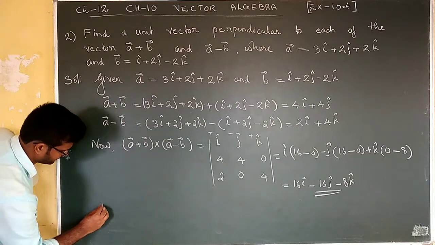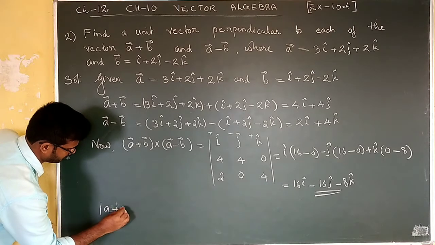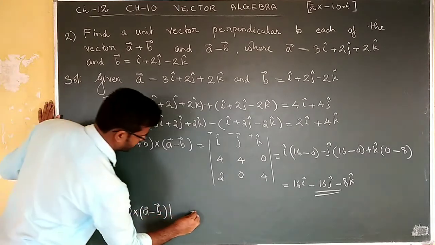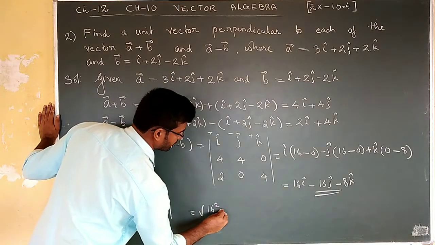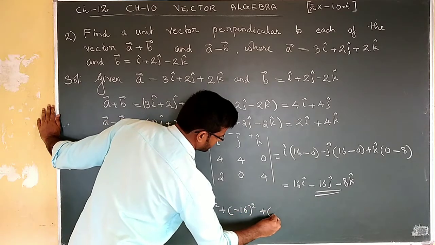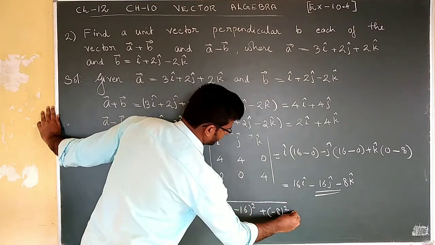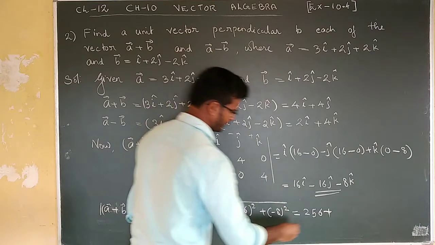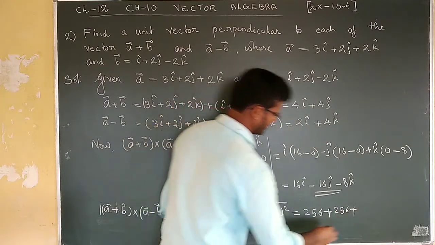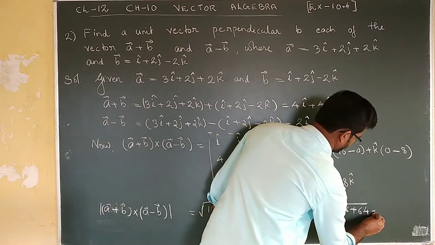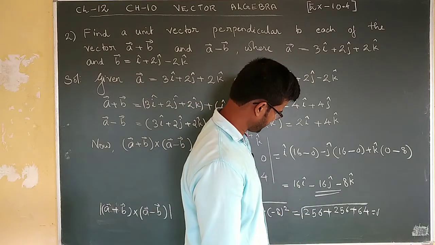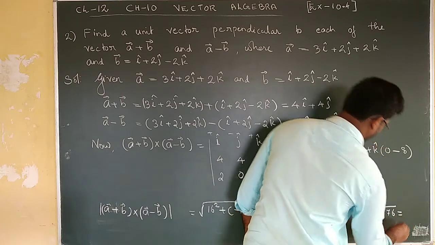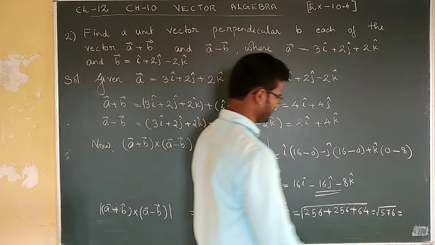First find the magnitude of this vector, magnitude of A plus B cross A minus B equal to square root of 16 square plus minus 16 square plus minus 8 square, equal to 16 square is 256 plus again 16 square is 256 plus 8 square is 64, equal to, what will we get? 512, 16, 576, equal to square root of 576 is 24.